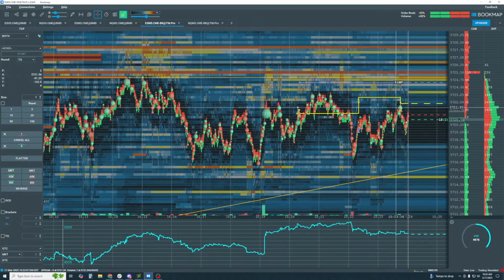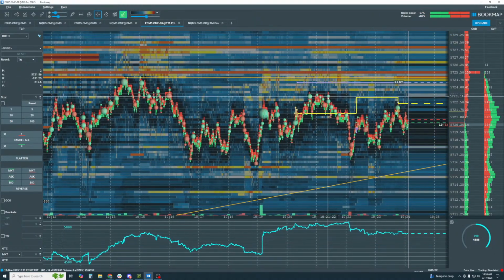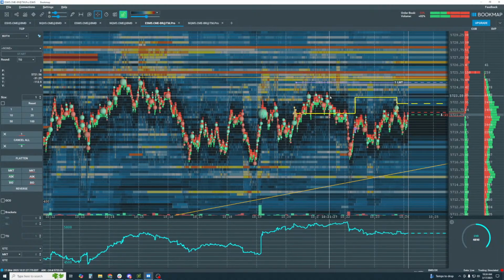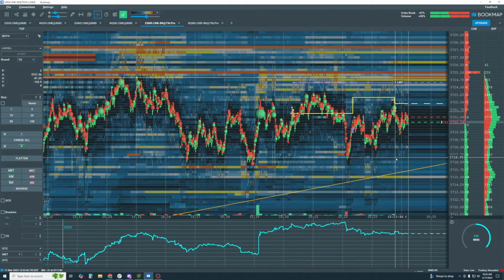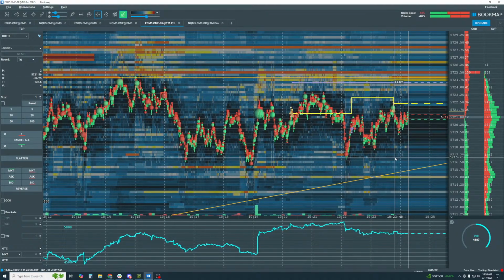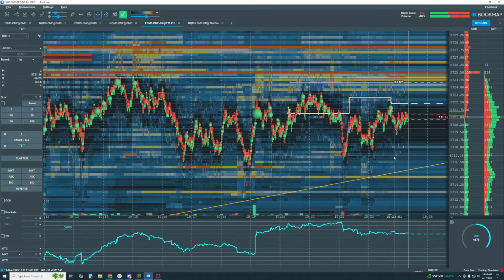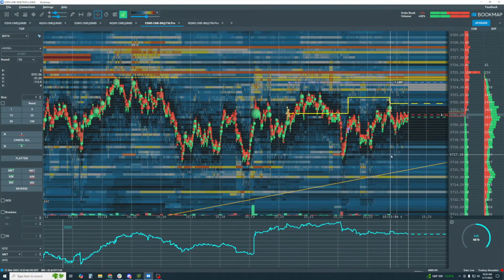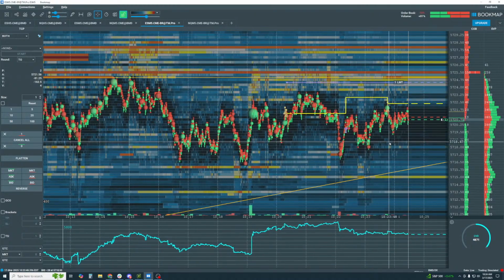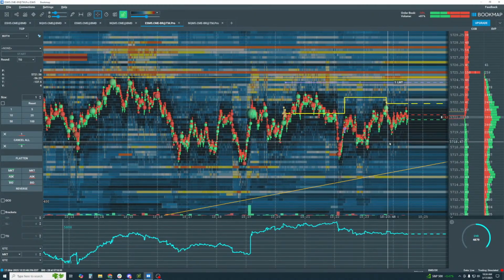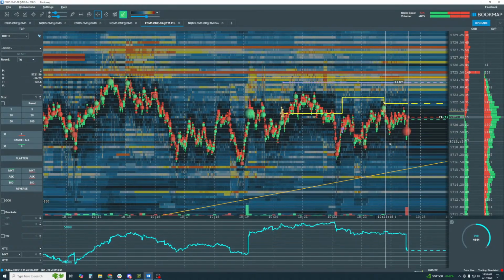And they're still buying up here. Okay, it is a lower high. That's not good. I'd like to see the buying up here, actually. Okay, some heavy selling coming in.